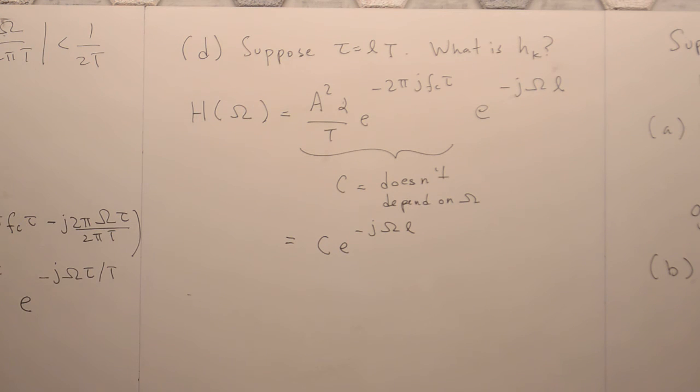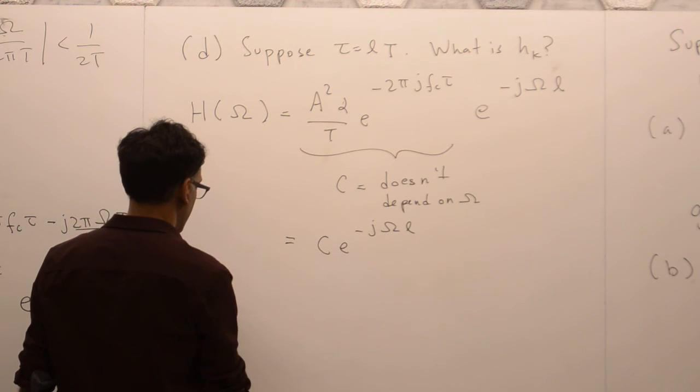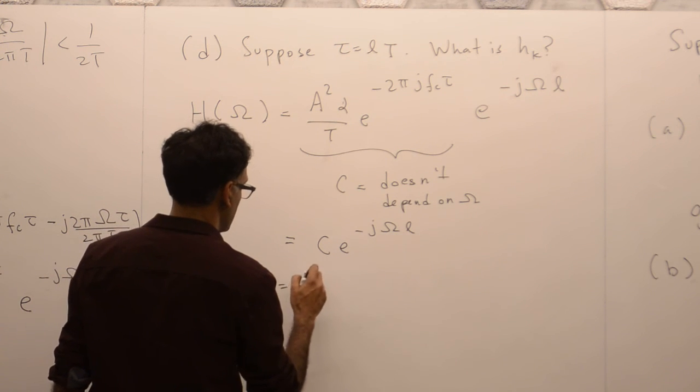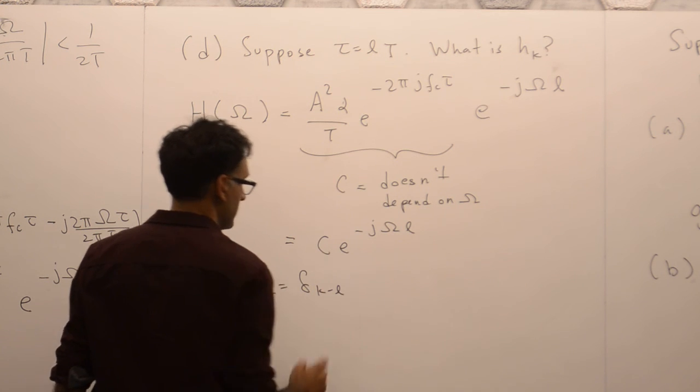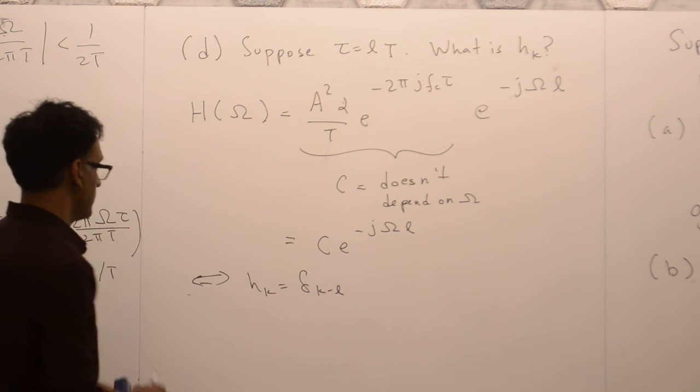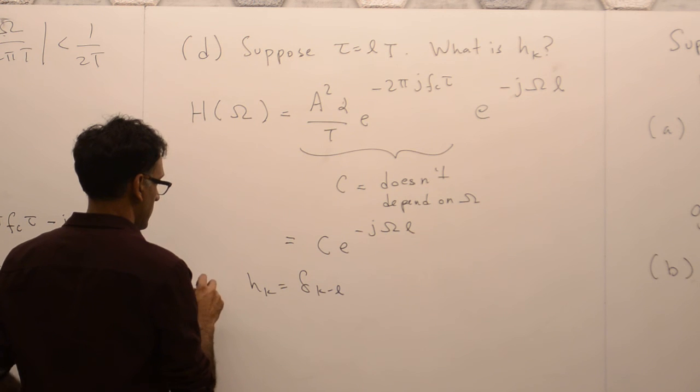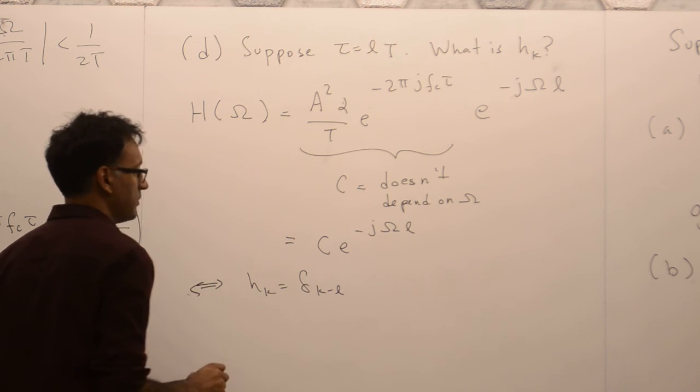Now, what is the inverse DTFT of that? It's just shifted. So h of k is equal to delta of k minus L multiplied by c, because it just gets shifted.